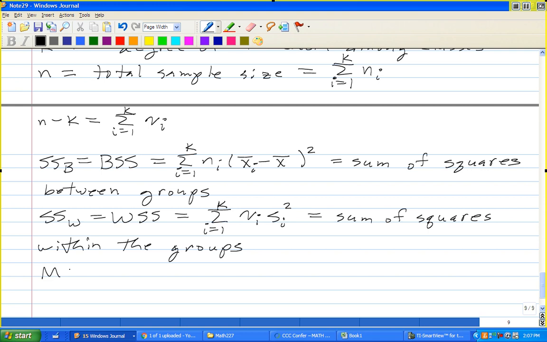The mean sum of squares between the groups is the sum of squares over your degrees of freedom.